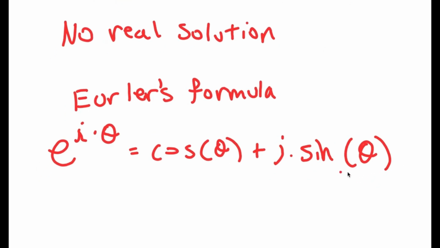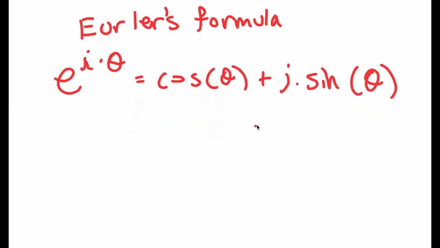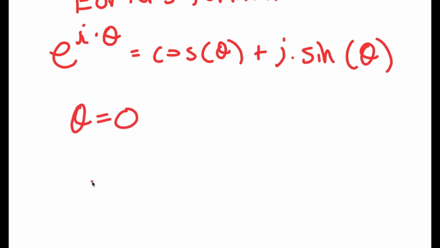And I know to many of you watching this video, this may just sound like a bunch of gibberish, but just hang on. So let's say that theta is equal to 0, right? Say that theta equals 0.